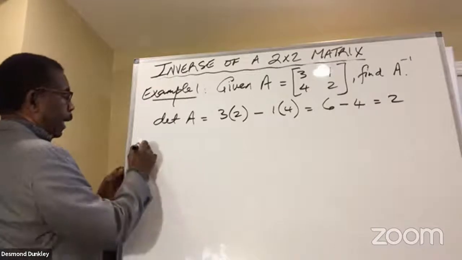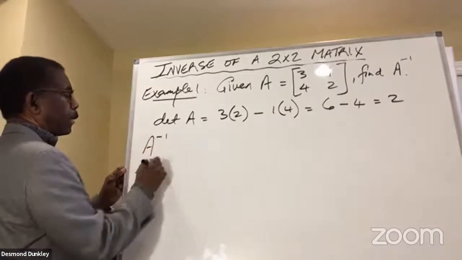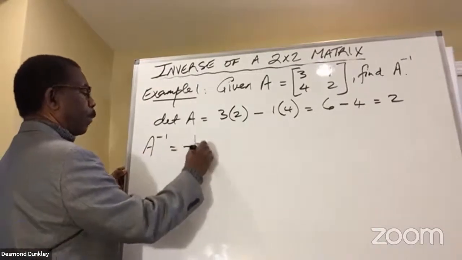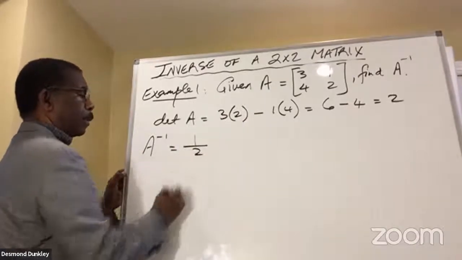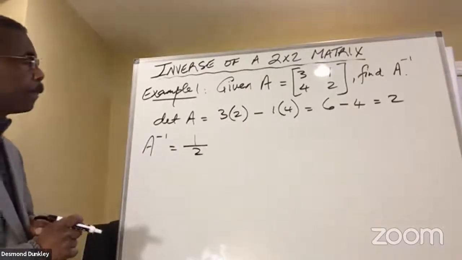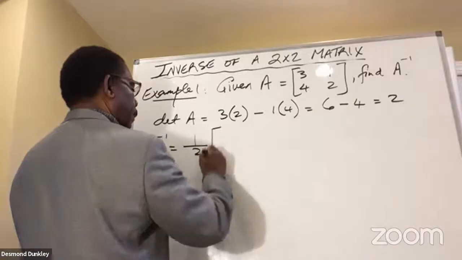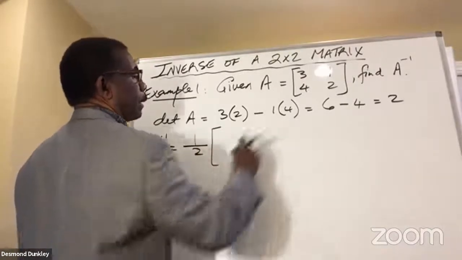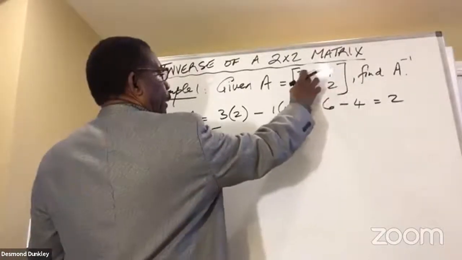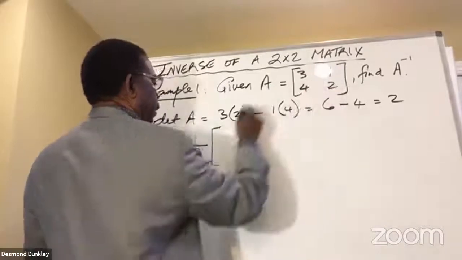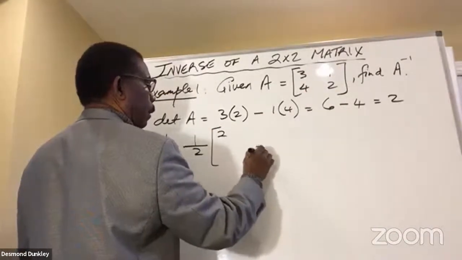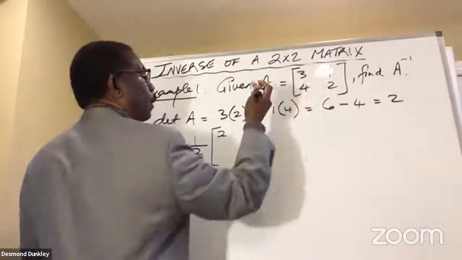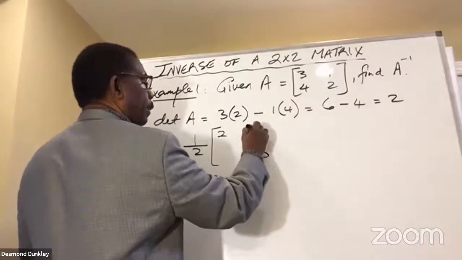So A to the minus 1 is going to be equal to 1 over the determinant. So it's 1 over 2 times, and in this case, 2 and 3 switch places. 1 and 4 change signs.